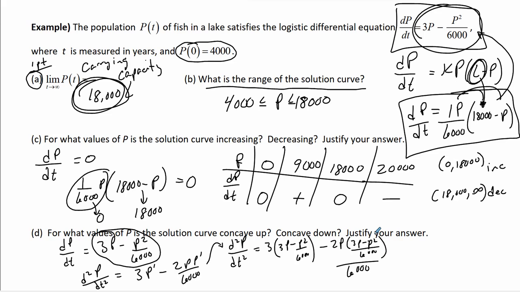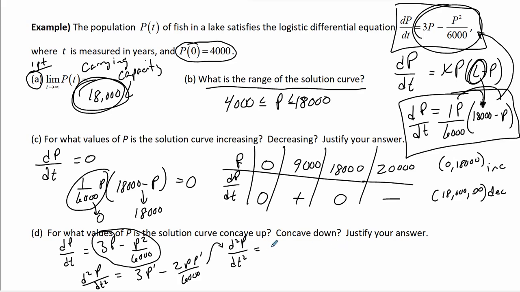Holy cow, that's some crazy stuff going on there. I could have done it a little easier, but that'll work. I could have factored out a P prime, and that probably would have been easier. Yeah, let's do it that way. Let me back up a little bit, because this is crazy. If I take this, I'm going to factor out a P prime. I'm going to end up with 3 minus 2P over 6,000, which is really P over 3,000.